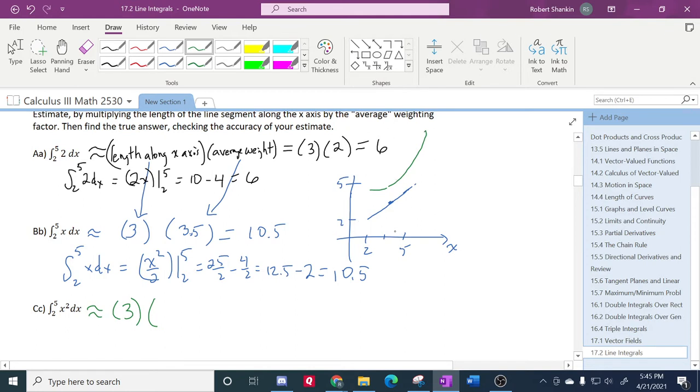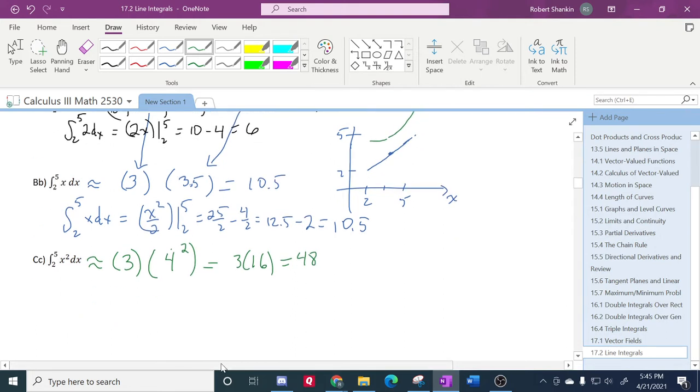I might pick one a little more, instead of 3.5, maybe a little over, like 4. So 4 squared might be the average weight, and then 3 times 16 is 48. I don't know if I'm very close or not, but that's what I'm going to guess.